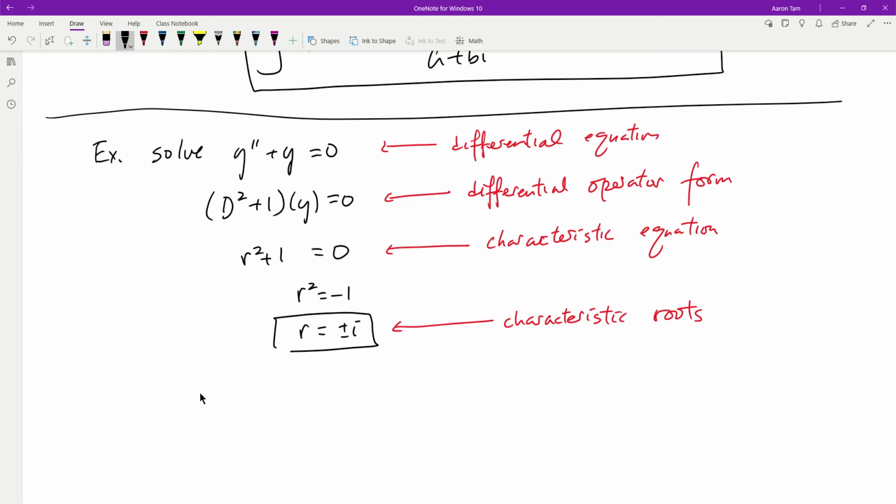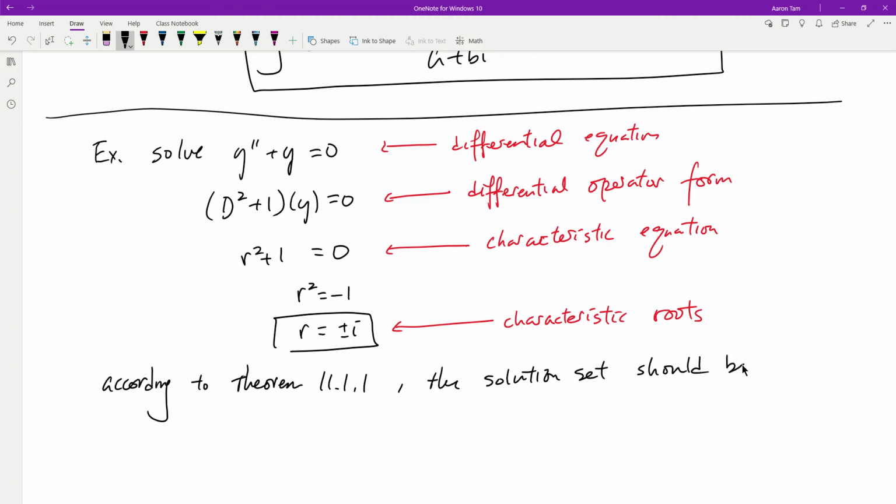According to theorem 11.1.1, the solution set should be y equals C1 e to the ix plus C2 e to the negative ix.